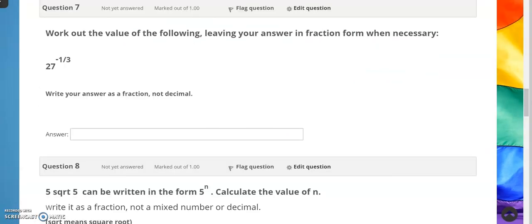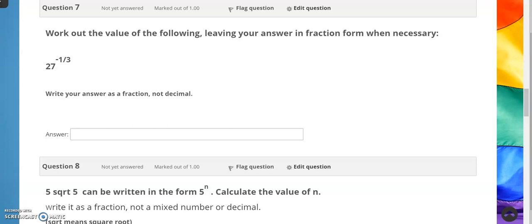In question number 7, we've got to work out the value of the following, leaving your answer in fraction form when necessary. We've got 27 to the power of negative 1/3. I prefer to split the negative from the 1/3. So I'll do the 1/3 first and then apply the negative to the power.